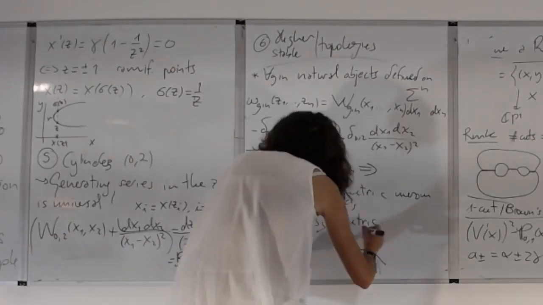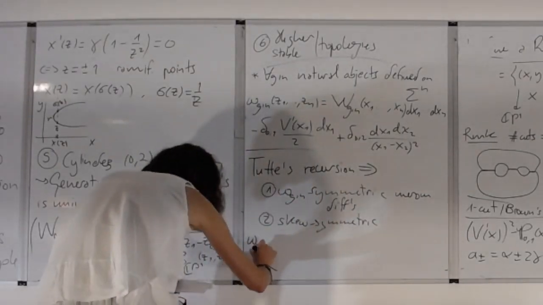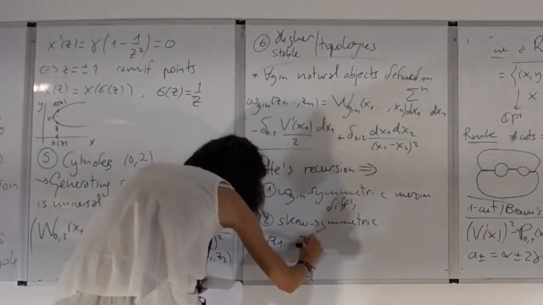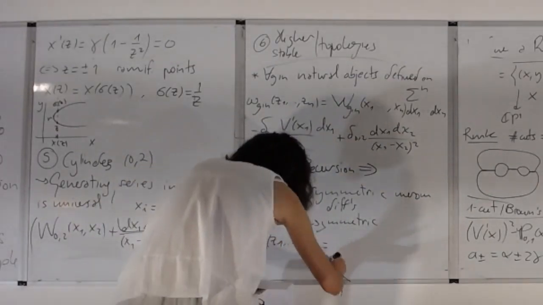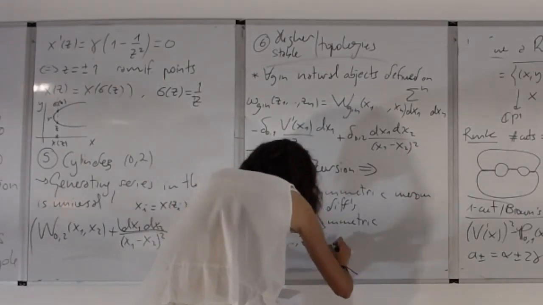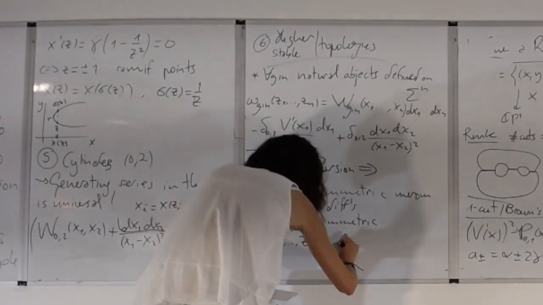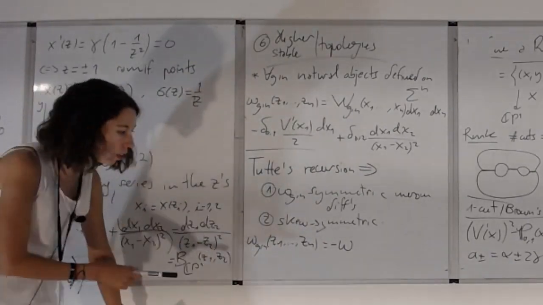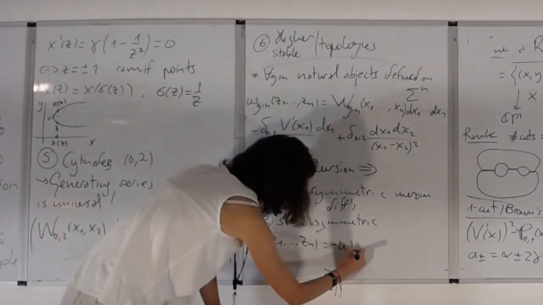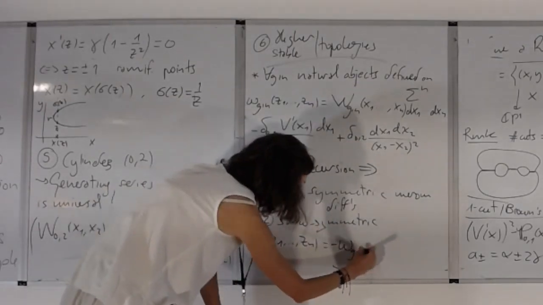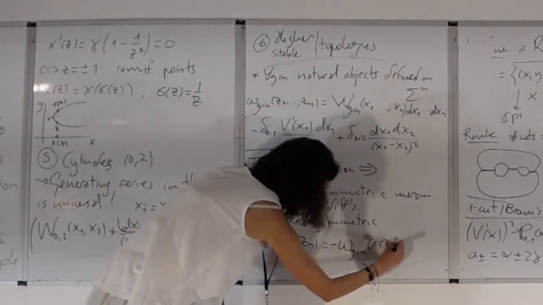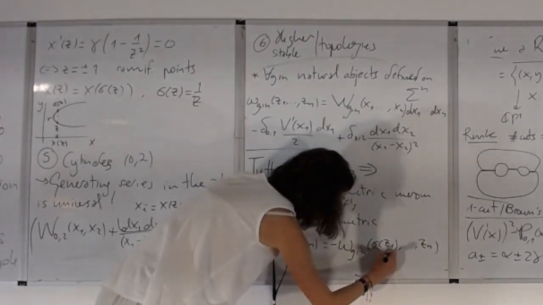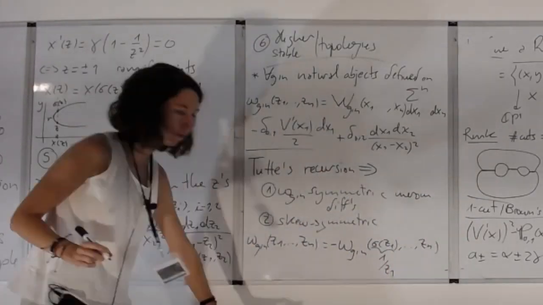I will not do it, but it's easy. You can again get it from the recursion. Okay, what do I mean by skew symmetric? I just mean that if we change this to the guy with the omega, we just get a minus sign. And well, this is just 1 over z1 in this case.